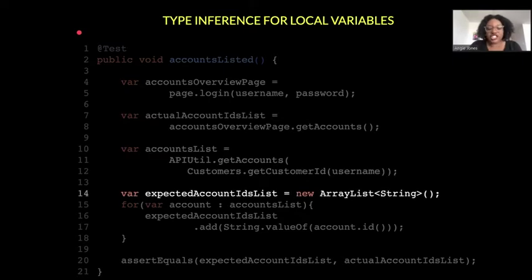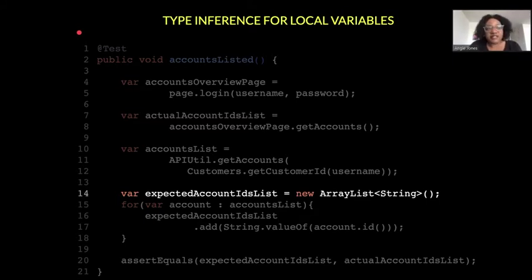Here I changed the name to be more representative, and I also defined the data type in the array list on the right-hand side. If I didn't use this diamond operator and explicitly state that this is a list of strings, then Java would have inferred from the right side that, okay, this is a list of some type of object, right?